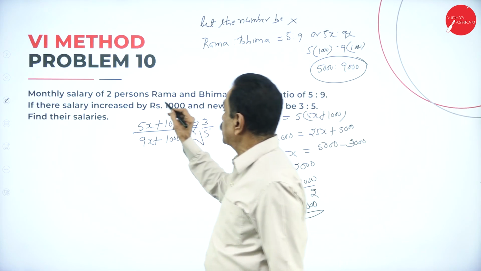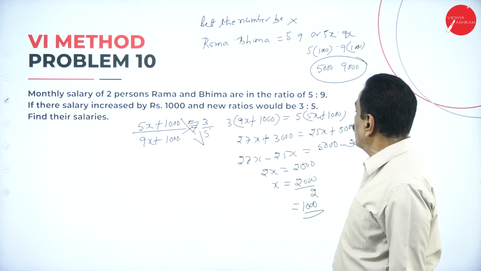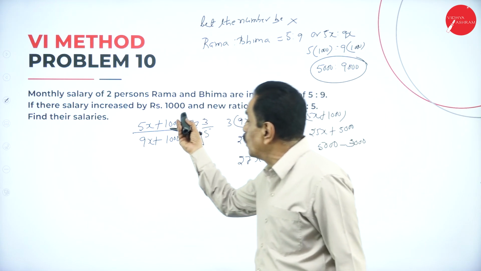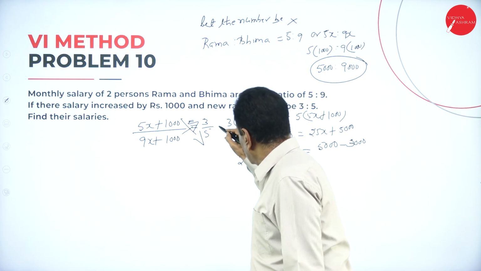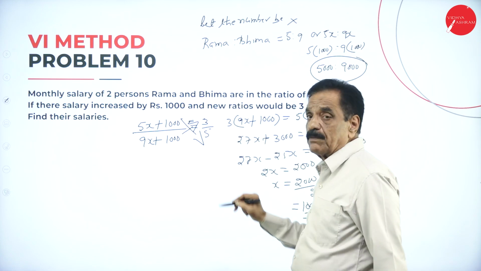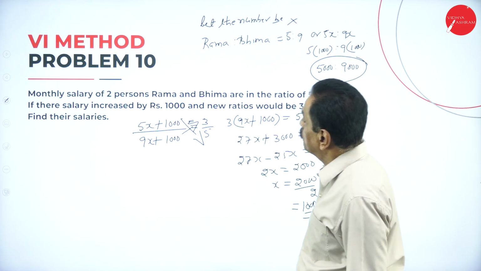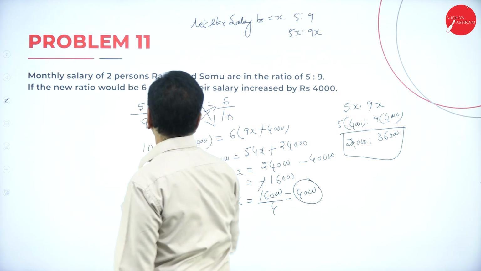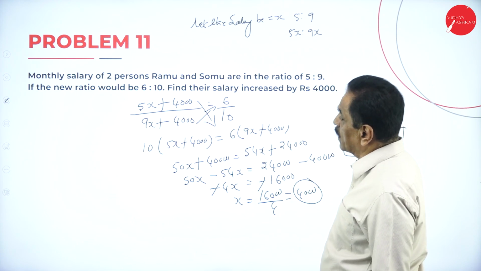Here 2 persons, Ramu and Soma, are in the ratio 5:9. We can put as x. 5x is to 9x. Increase by how much? 1000. 5x plus 1000, 9x plus 1000 is equal to 3:5, that is 3/5. Cross multiply, get the x value 1000. Same, monthly salary, Ramu and Soma are in the ratio of 5:9. 5x is to 9x.